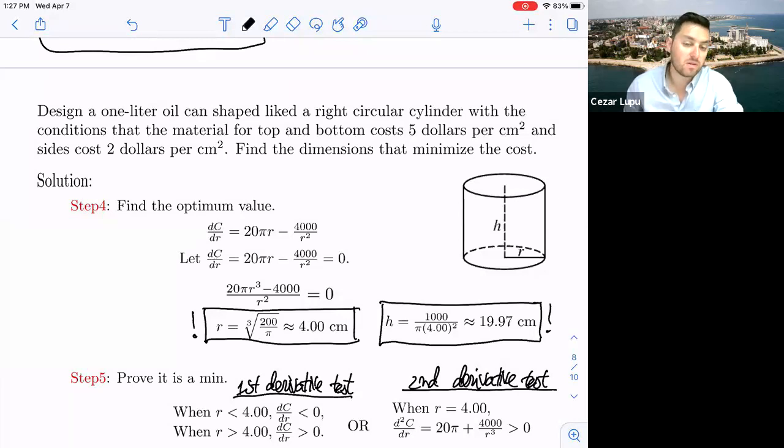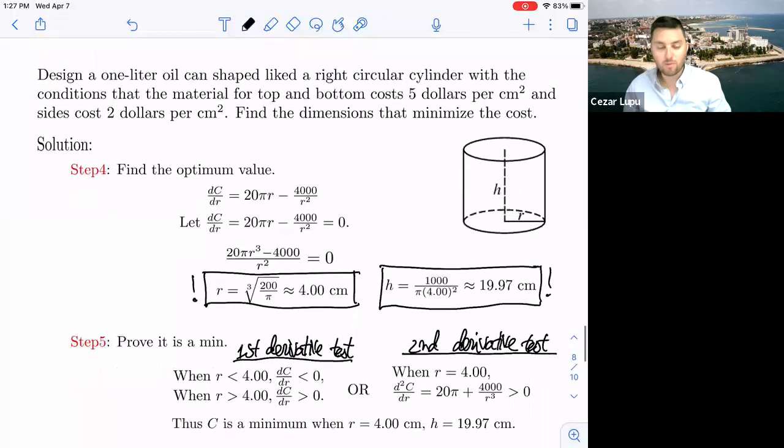If the second derivative is negative, then it would have been a maximum. And that's it. In conclusion, C is a minimum when R is 4.00 centimeters and H is 19.97. So that would be the optimal dimensions to minimize the cost.